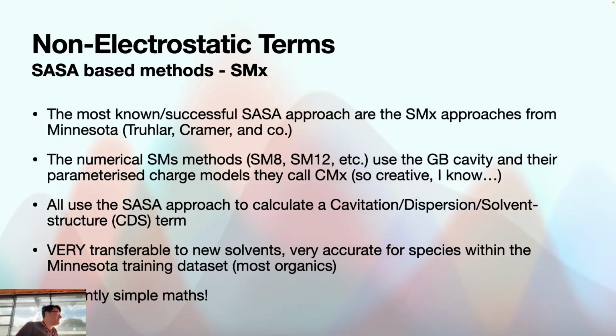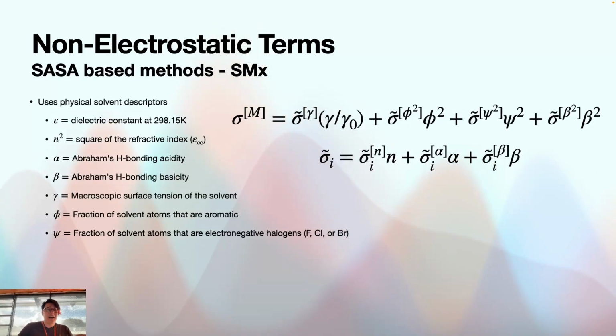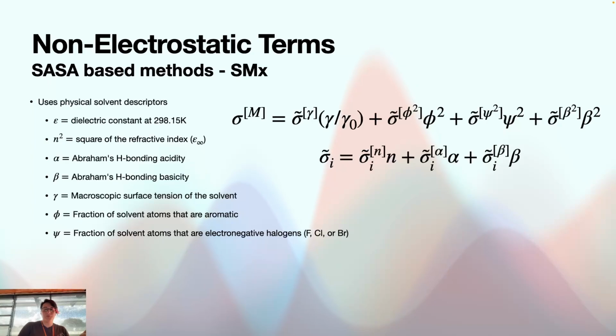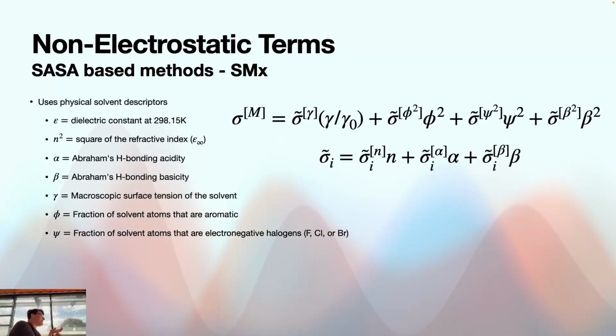So it's actually very elegantly simple maths. As we can see here, it's literally just a sum of all of your solvent parameters multiplied by some kind of scaling factor that gives you these terms. So here we can see, and this will pop up a lot, epsilon for the dielectric, n squared, which is the refractive index squared.